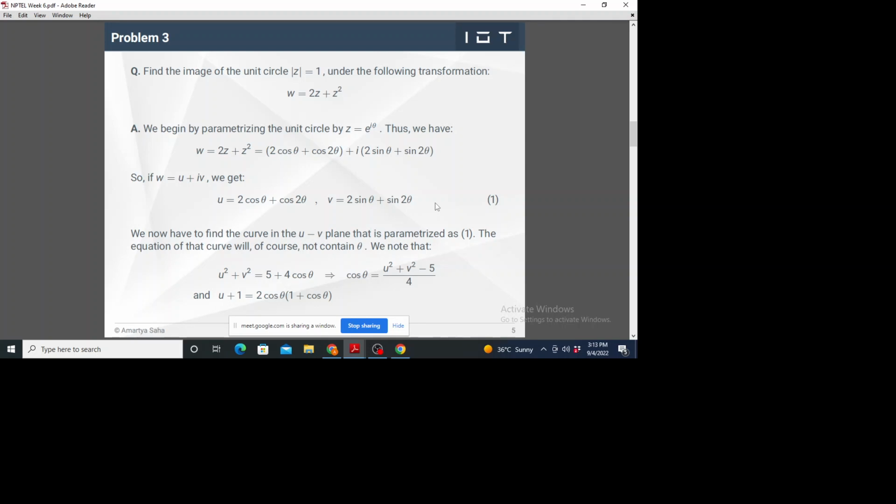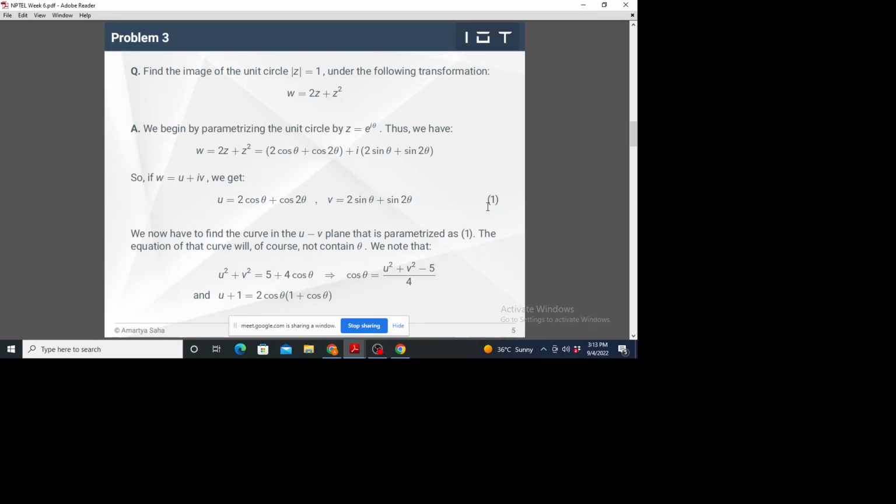So now is the real challenge. We have to find a curve in the w plane, or equivalently in the uv plane, that is parameterized like 1. If we consider a curve in the uv plane, equation 1 represents a parameterization of the curve.